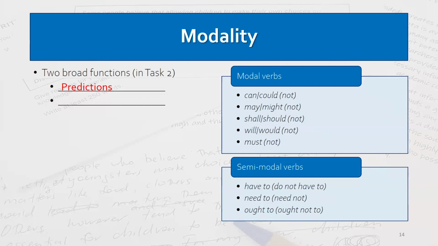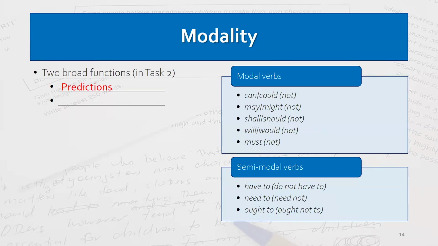We can guess the result of something. Like for example, if we do this, something will happen. In the sentence that I just mentioned, I was using the modal will to make a prediction, to guess the result of something. If something happens, another thing will happen.